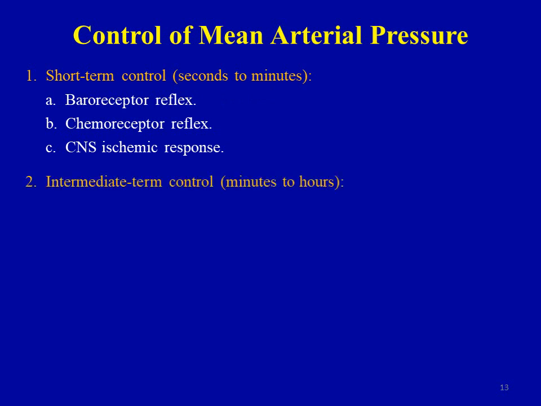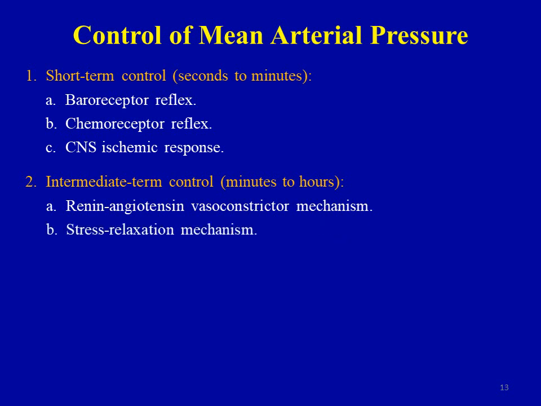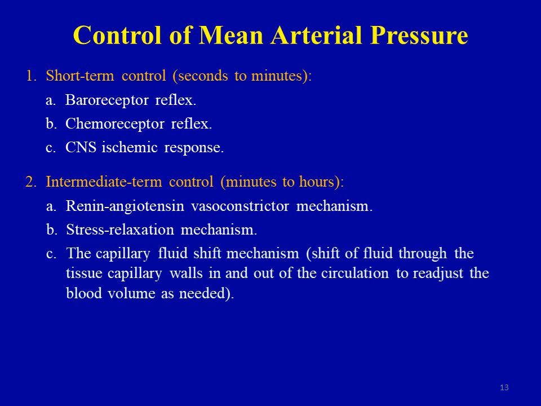Then we have the intermediate term controllers that need minutes to hours to bring about their effects, and these are the renin-angiotensin vasoconstrictor mechanism, where we depend mainly on the angiotensin II response, the stress relaxation mechanism that I will explain later on, and the capillary fluid shift mechanism.